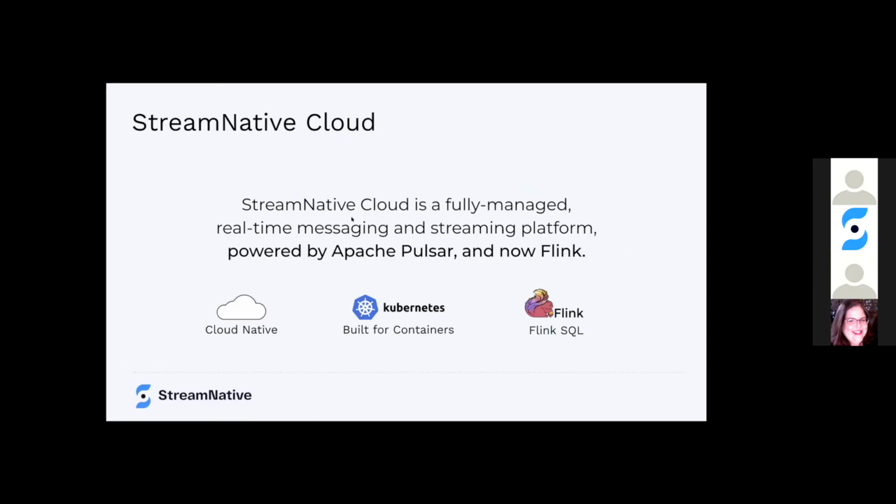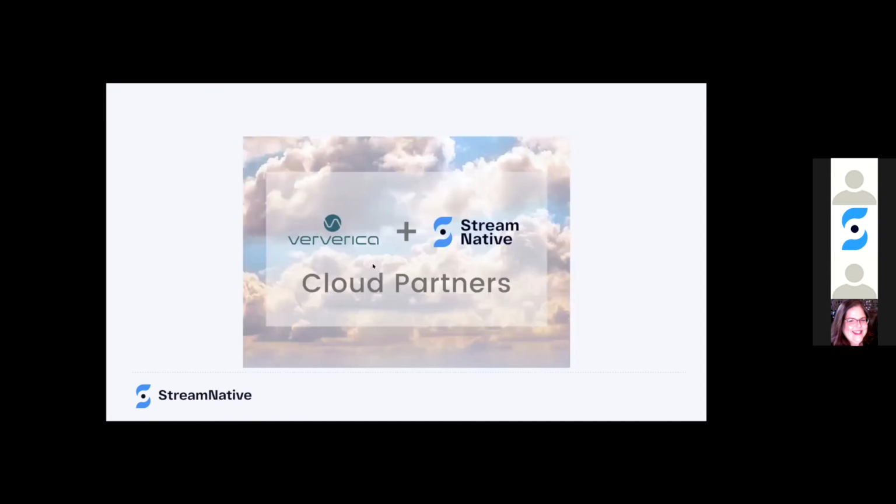Last year, we launched StreamNative Cloud, which is a fully managed real-time messaging and streaming platform powered by Apache Pulsar and now Flink. So very relevant to our topic today. We have been working really closely with Ververica over the last several months.